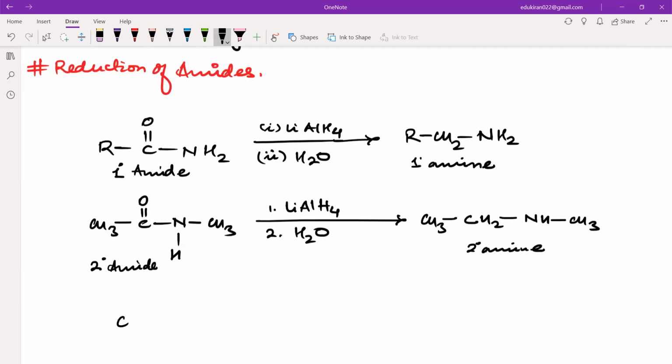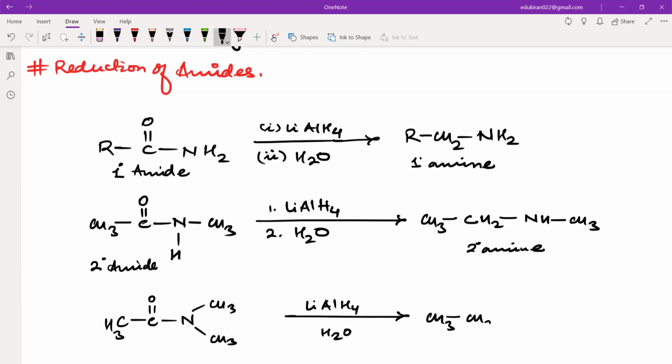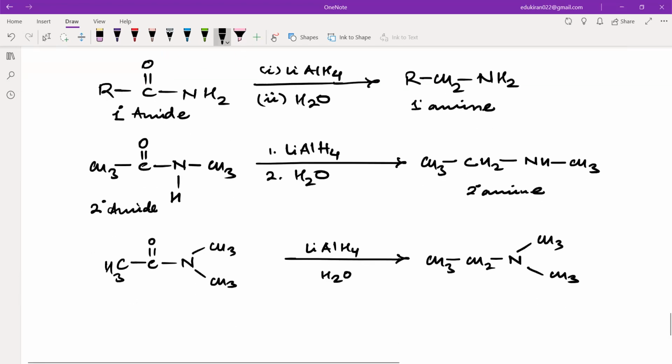Now, if we just go crazy and we use 3 degree amide, CH3, C double bond O, nitrogen bonded to CH3 and one more CH3, in the presence of LiAlH4 and water, we will get CH3, CH2, nitrogen, CH3 and CH3. So here 3 degree amide forms 3 degree amine.